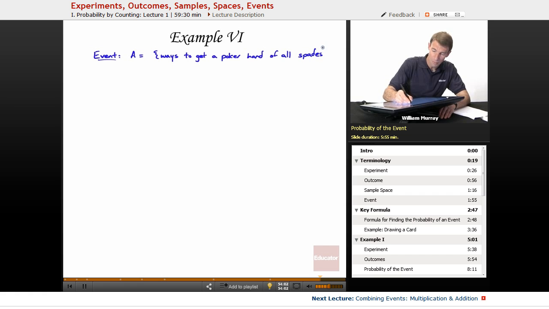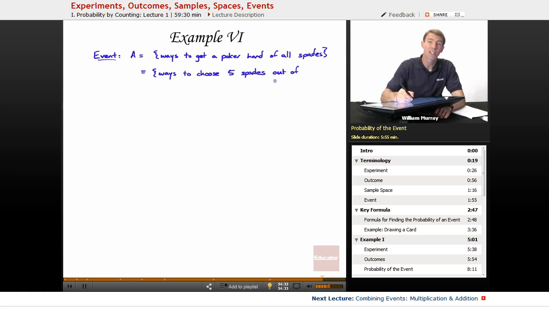And here's the clever way to think about it. Remember how we drew our hand in the first place, the 52 choose 5? Think about if they're all going to be spades. Then we're really saying it's the number of ways to choose 5 spade cards out of how many spades there are total.